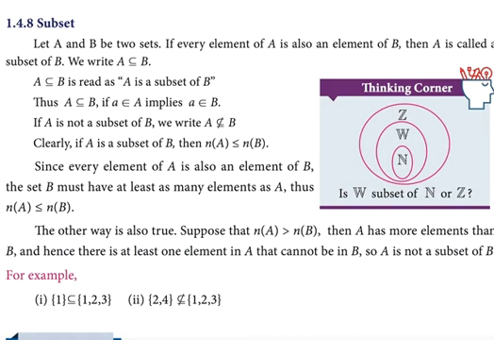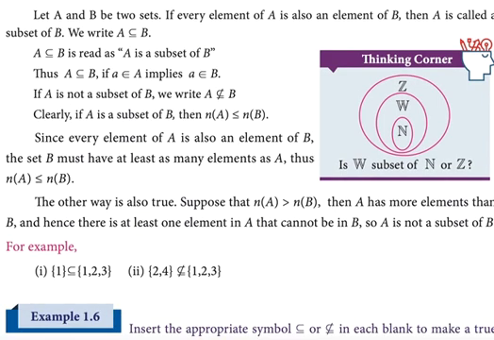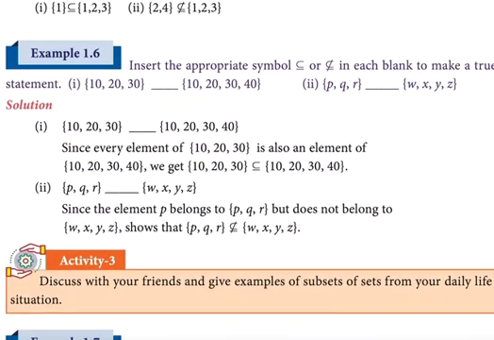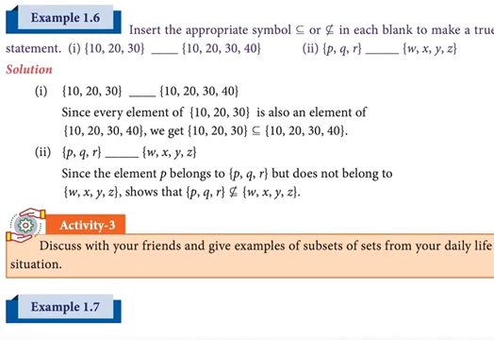For example, this is a subset of this, or this is not a subset of this because 4 is not there. Thinking corner: if you see these sets, Z is the bigger set, then W, and then N. W is a subset of Z, not N. Insert the appropriate symbol in each blank to make a true statement.